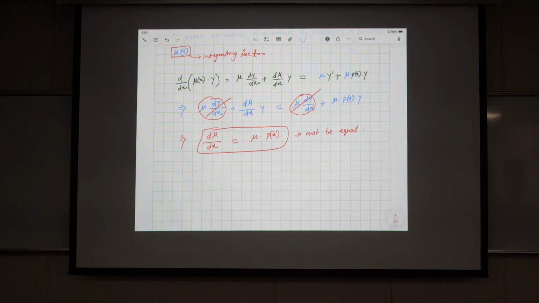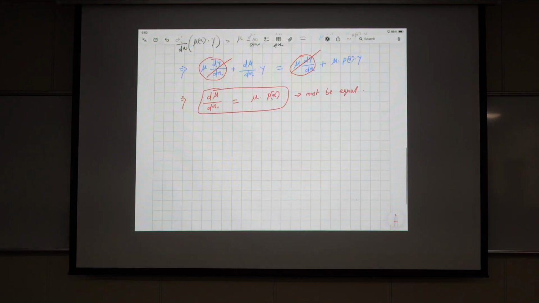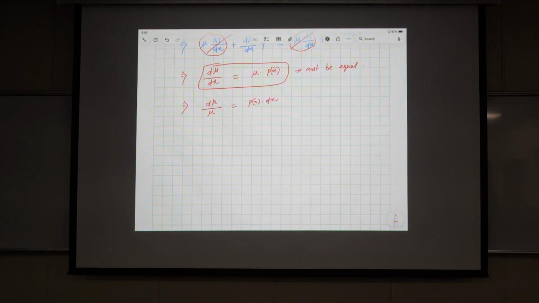Now when you got this one, what we need to do? We just apply the separable method. Bring all mu to one side, all x to the other side. That means d mu by mu is equal to p x dx.